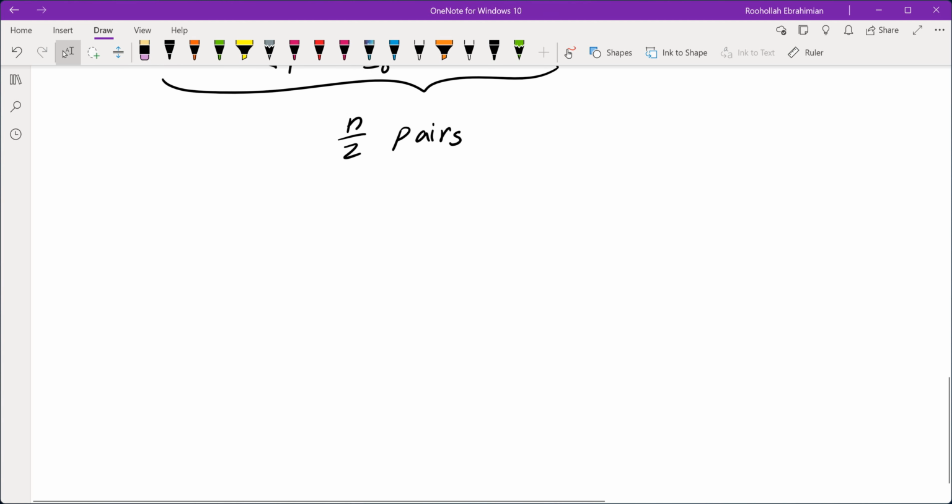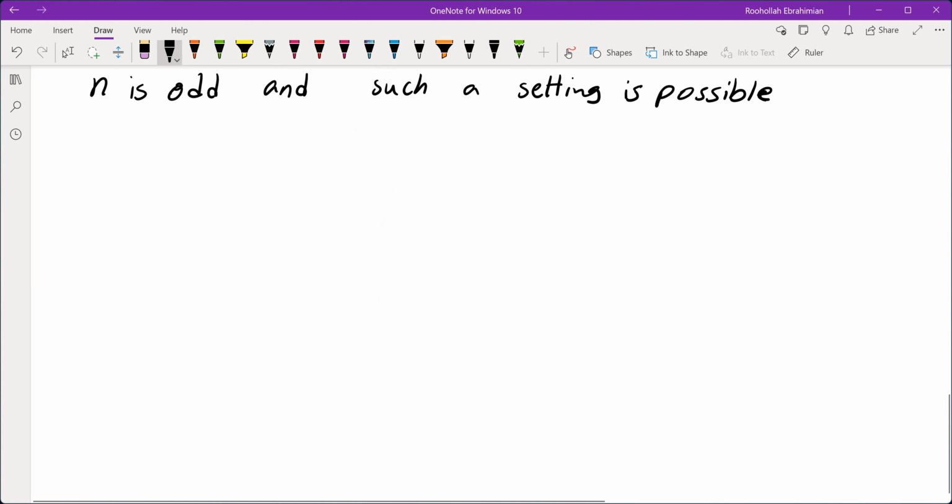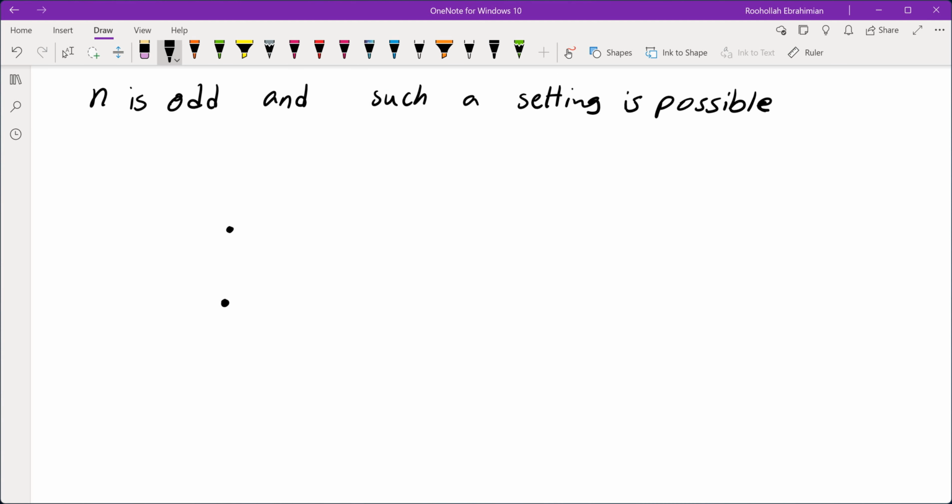Now, what if n is odd? Let's assume n is odd, and such a setting is possible. Then we're going to look at two houses that are closest in distance. Let's say houses A and B have the shortest distance. When they send visitors, A must send a visitor to B and B must send a visitor to A. So what does that mean?